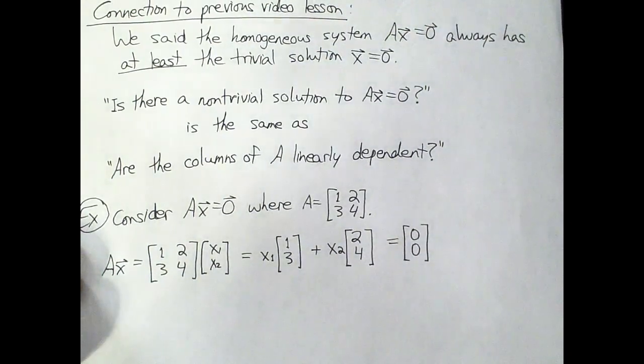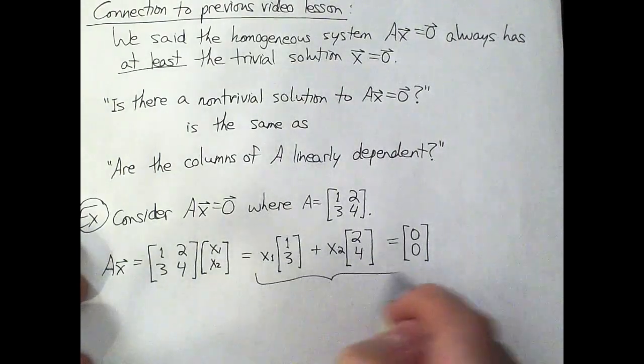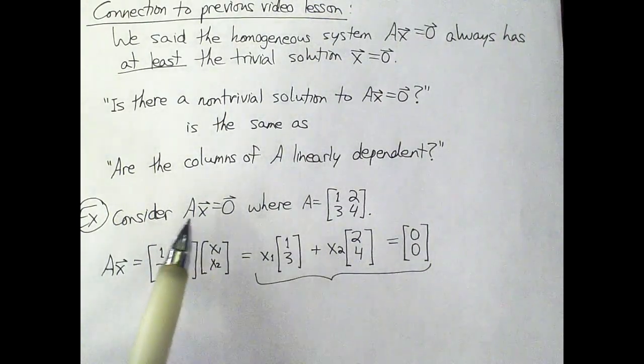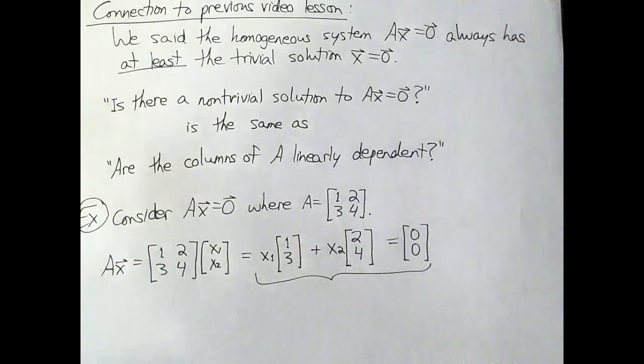Okay. Let's talk about this. The unknowns are called x1 and x2 because I'm phrasing this as AX equals 0, which is like what we did in the previous video. But today we've been having a C1 and a C2. It's just a different labeling. That's okay.